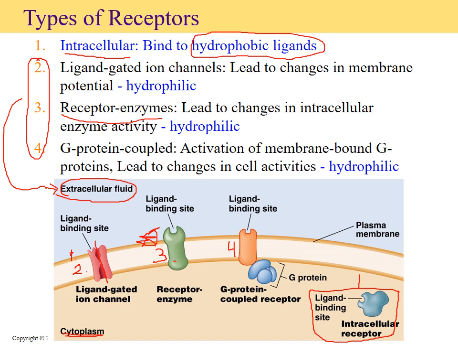Both will be utilizing an amplification pathway. So at the end of the day, it doesn't really matter if you do ligand-gated, receptor enzyme-based, or G protein-based. All of them will do the transduction pathway, which will cause the amplification and the cascading pathway to be activated.